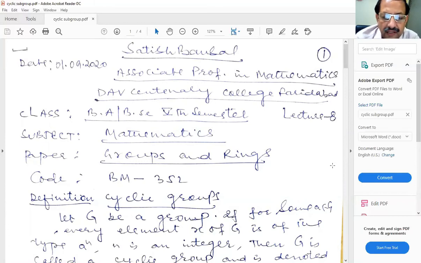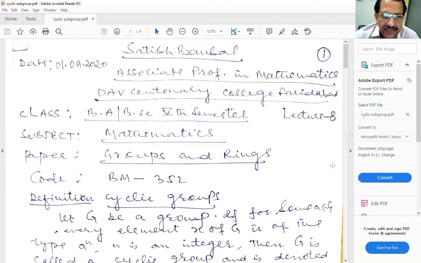Let G be a group and H be a non-empty subset of G. Then H is called a subgroup of G if H itself is a group under the same binary operation as in G. As you already know about the four properties of a group.